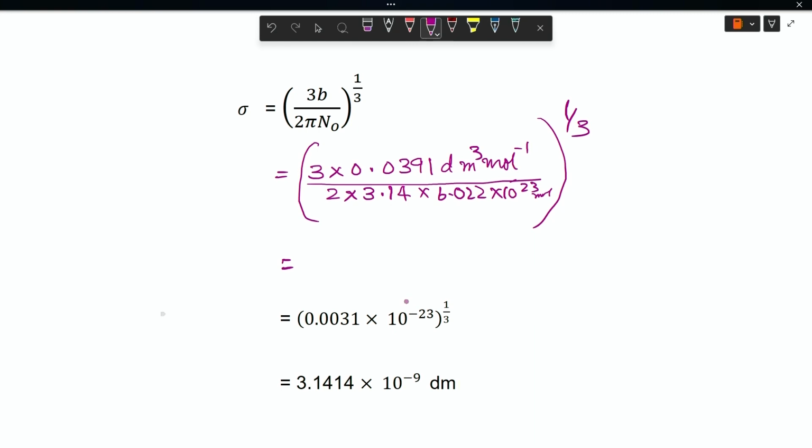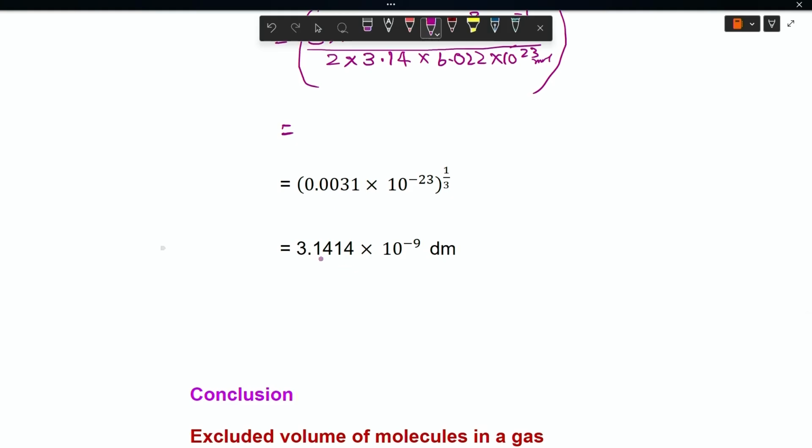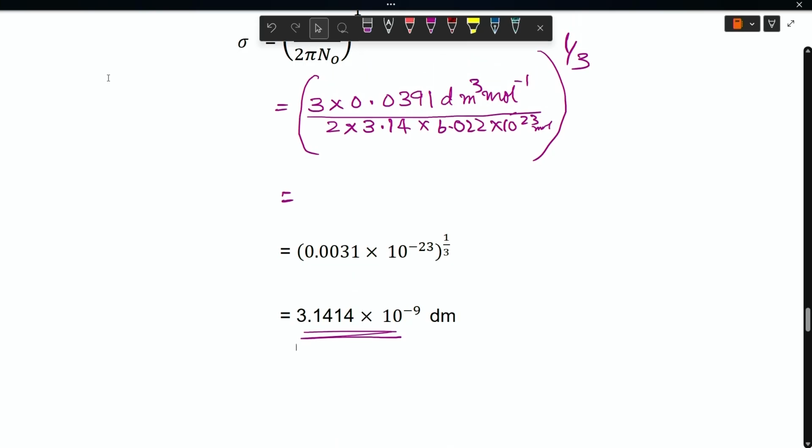When it goes to the numerator, it becomes 10 to the power minus 23, whole raised to 1 by 3, or the cube root of that, which gives you 3.1414 into 10 to the power minus 9 decimeters. This is decimeter cube, and its cube root becomes decimeter itself. So, that is about the molecular diameter.